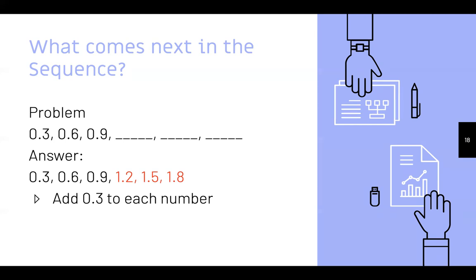You can see the pattern. Obviously we just add 0.3 to each number. If you need to do it for the 1.5 and the 1.8, please do that.